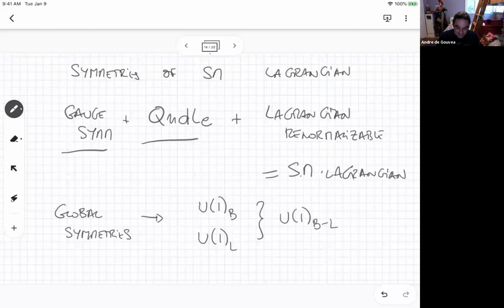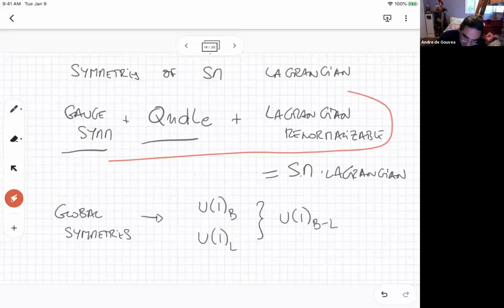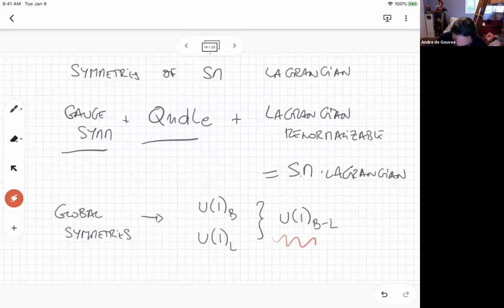The key feature of this discussion is that if you look at this story here, at no place did I have to tell you that your Lagrangian had to have a U(1) B minus L symmetry. The U(1) B minus L symmetry comes out for free. We didn't ask for it, it's just there.